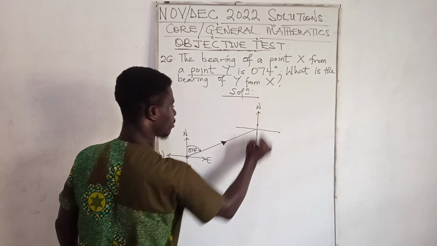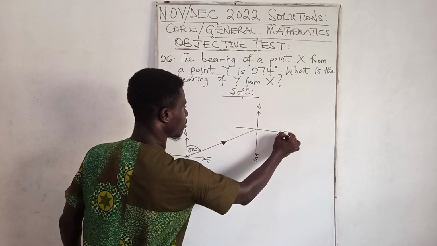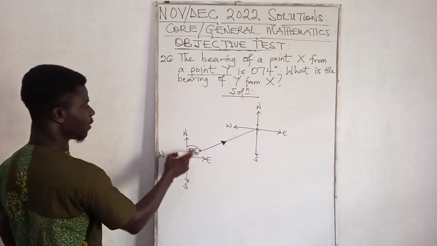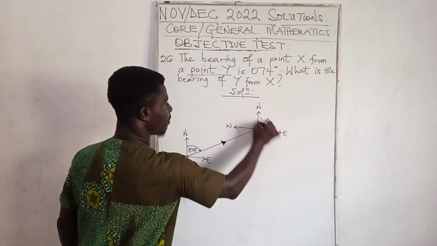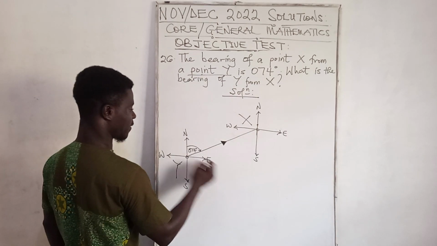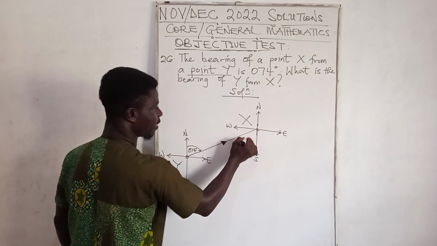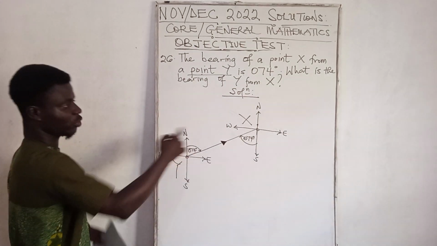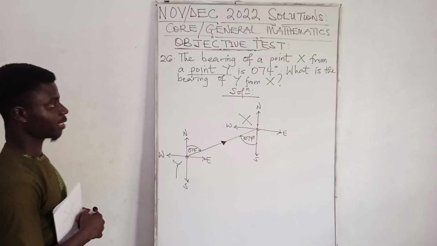So I have my north, south, east, then west, and the origin. This 074 degrees is the bearing for X. This 074 degrees is equal to this 074 degrees here, which means alternate angles are equal.